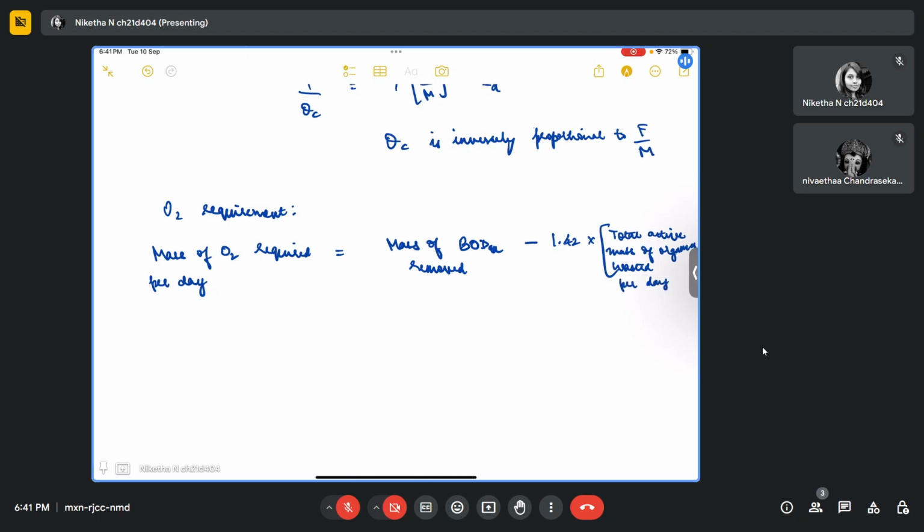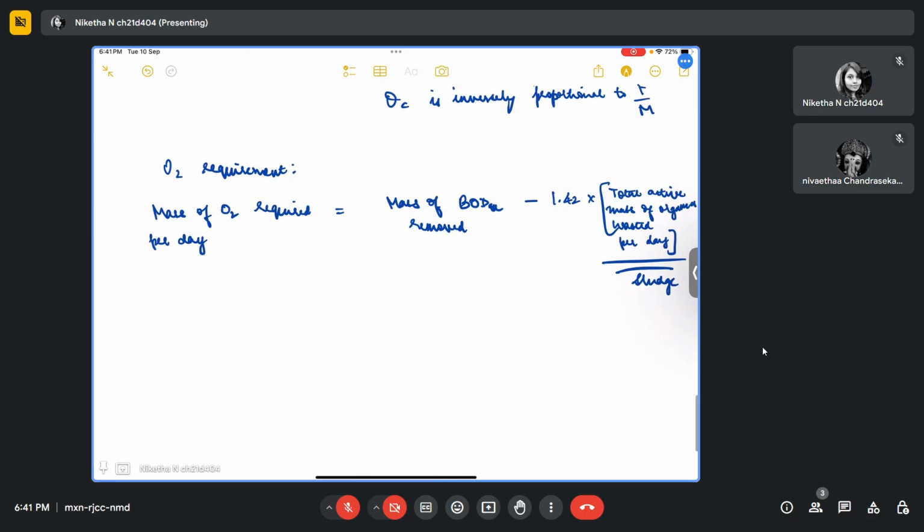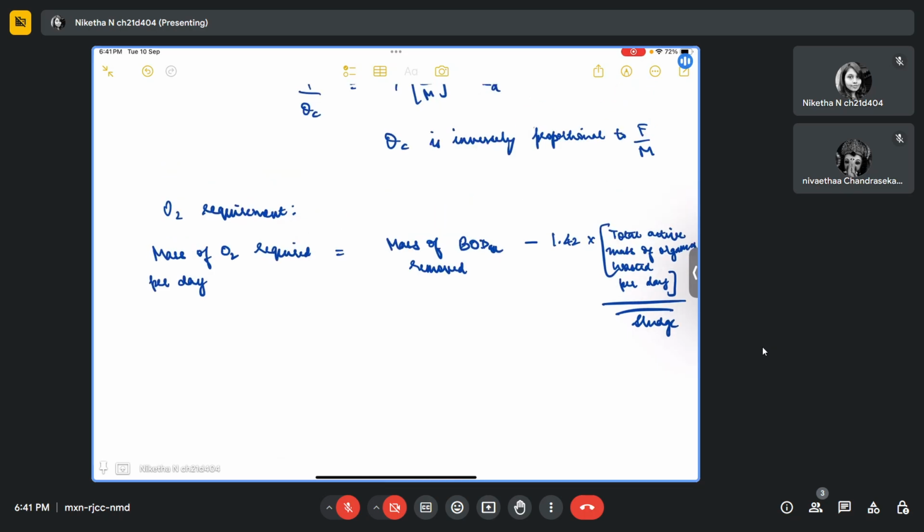Here the organics that are wasted per day refer to the bacteria which is coming out and removed as sludge. So this is nothing but the sludge. The oxygen required is the amount of ultimate BOD that is removed minus 1.42 times the mass of organics that are wasted.